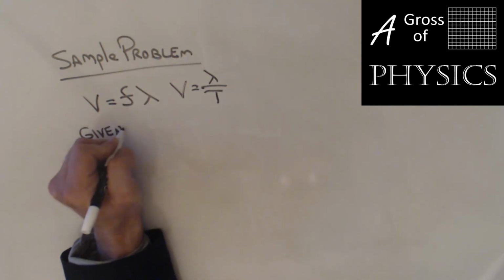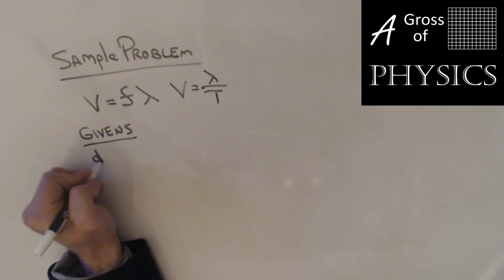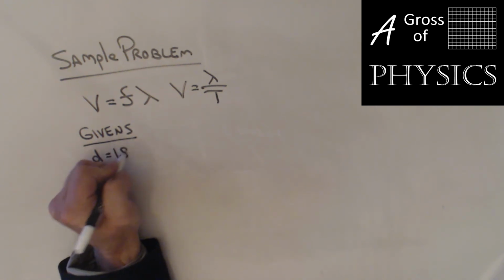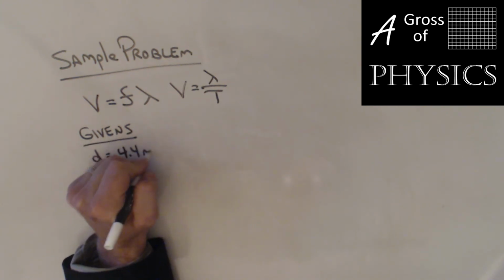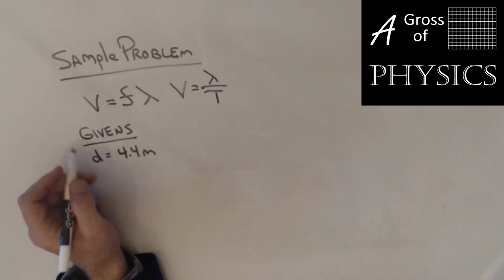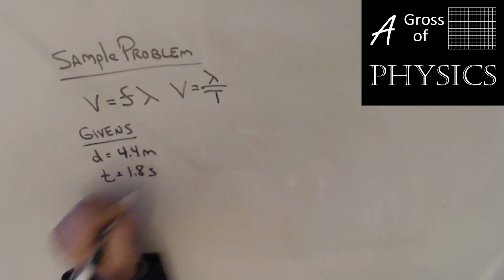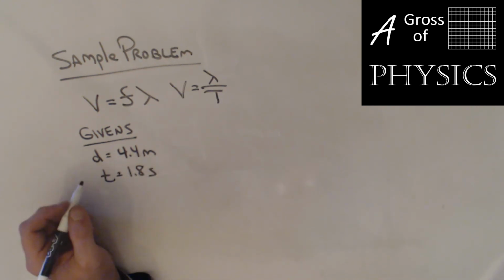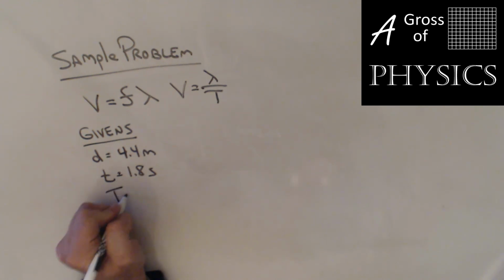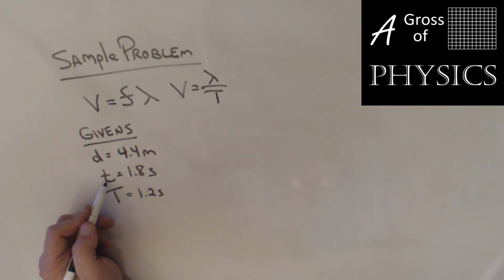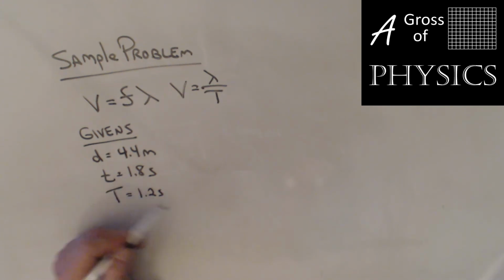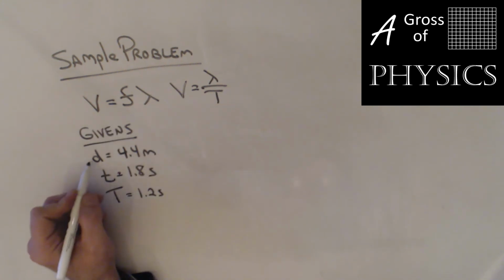So if I were to make a givens list, I have d, 4.4 meters, and t is 1.8 seconds. But then I have another time, and it's the period of oscillation. Now, if you remember, period is denoted with the capital T. So we have a lowercase t for just time, and the period, which is how long it takes one particle to vibrate once, 1.2.